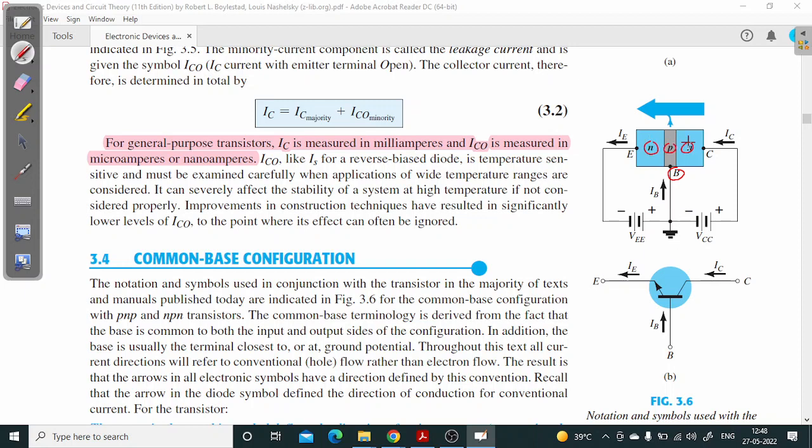So the emitter base junction is forward biased because of VE, and the base collector junction is reverse biased because of VCC. Again, this is the input side and this is the output side.